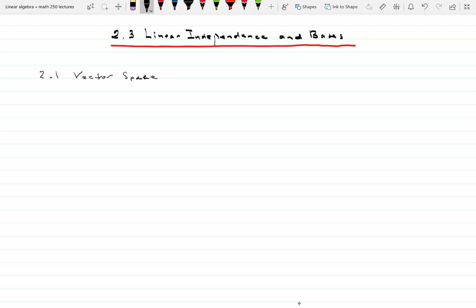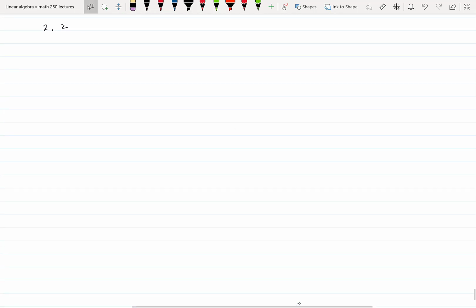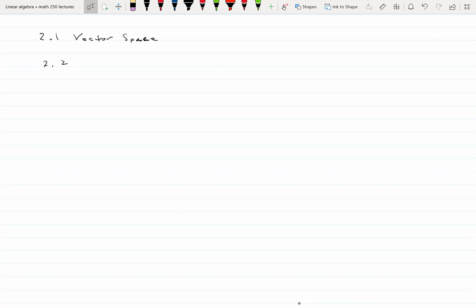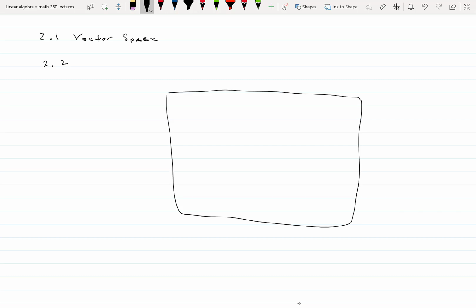In section 2.2, what we were primarily interested in is a subset of a vector space, a very specific kind of subset of a vector space. That subset is called a subspace.